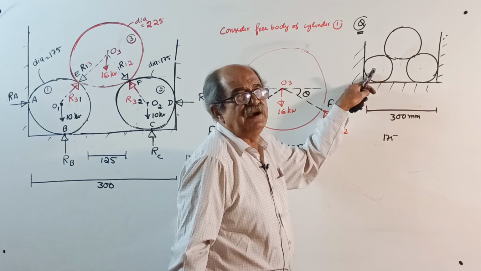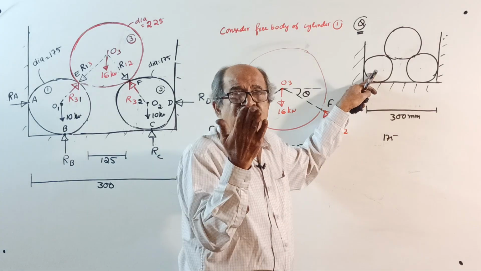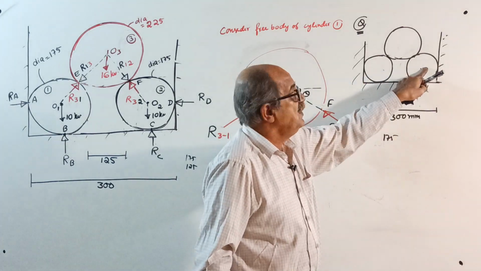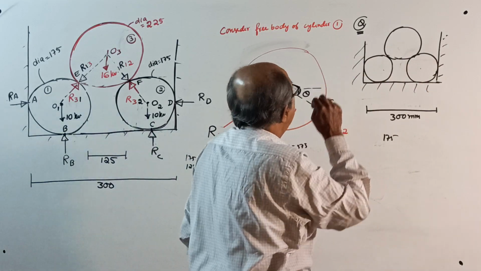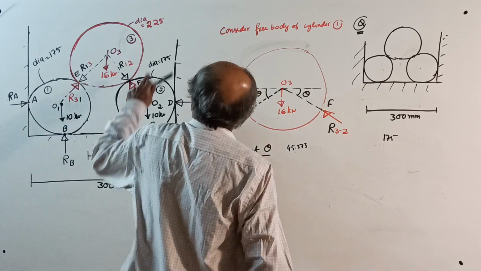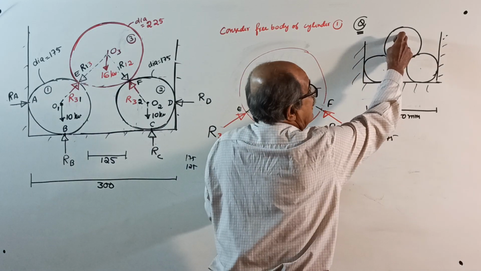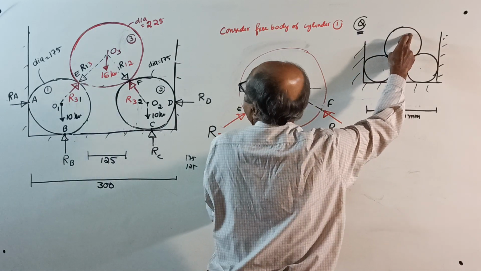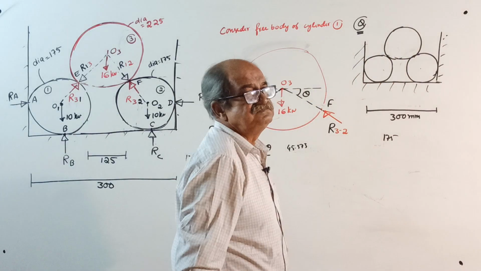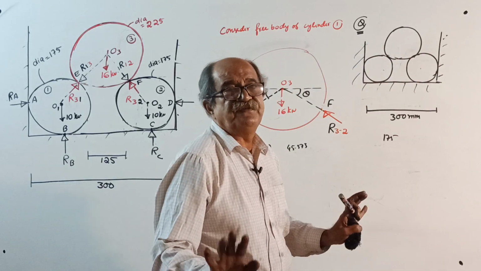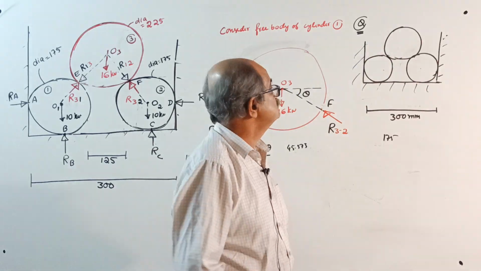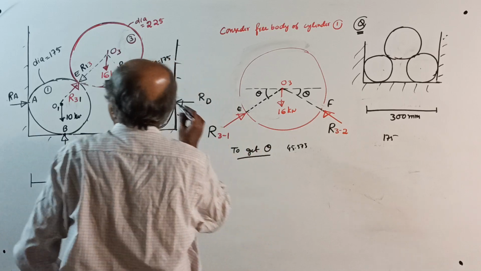Dia 175, weight 10 kN. And the upper cylinder is of diameter 225 millimeter and weight 16 kilonewton. Find reactions at all contact surfaces. All surfaces are smooth. Question given.